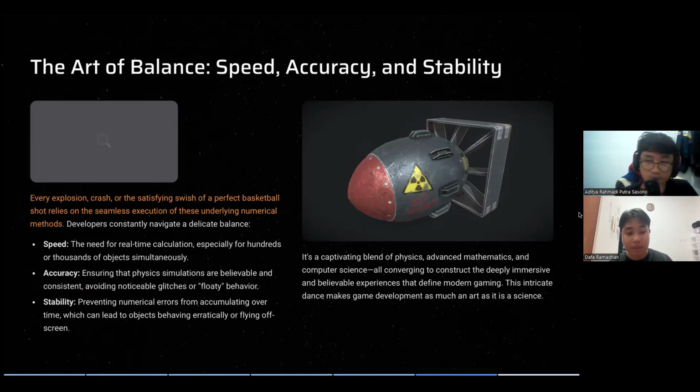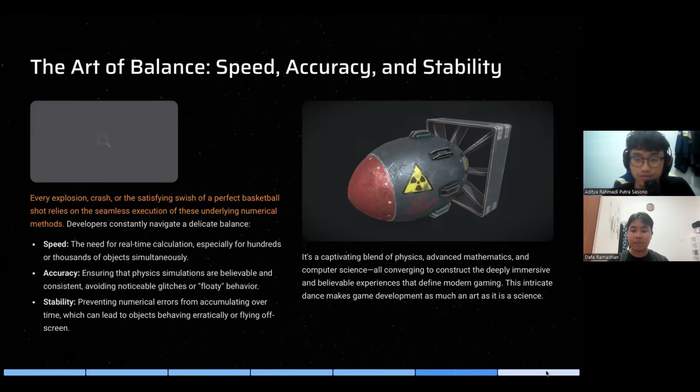The third is stability, preventing numerical errors from accumulating over time, which can lead to objects behaving erratically or flying off screen. It's a captivating blend of physics, advanced mathematics, and computer science all converging to construct deeply immersive and believable experiences that define modern gaming. This intricate dance makes game development as much an art as it is a science.